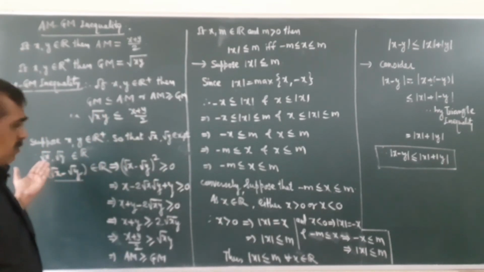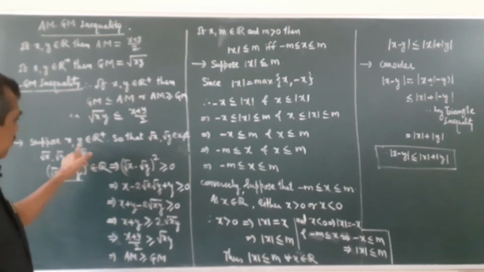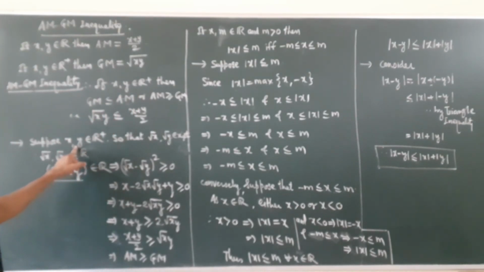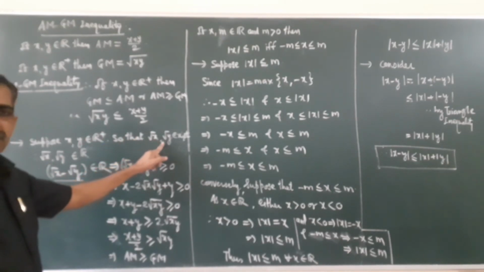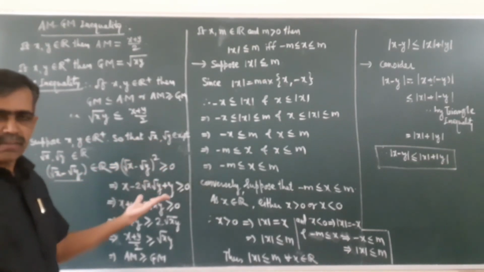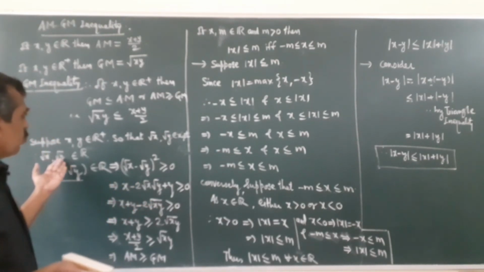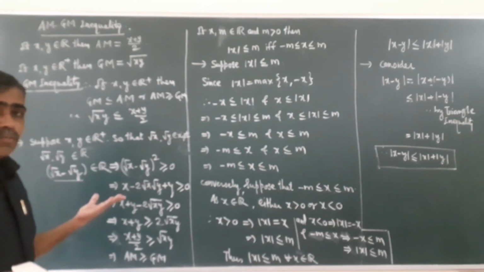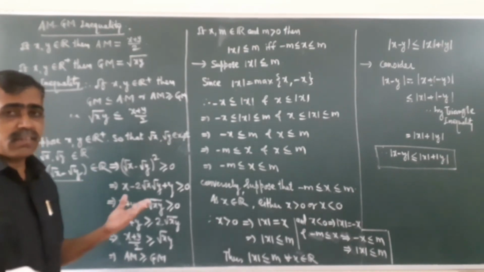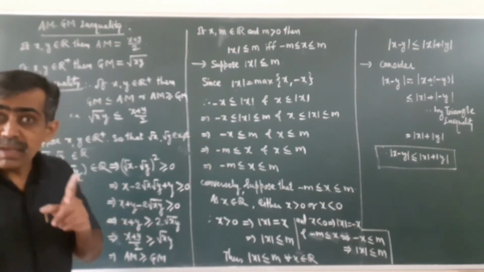How can we prove this? As x and y are positive real numbers, root x and root y exist because they are positive, so you can take their roots. Root x and root y are any real numbers now, because if 16 is greater than 0, then root 16 may be 4 or minus 4.